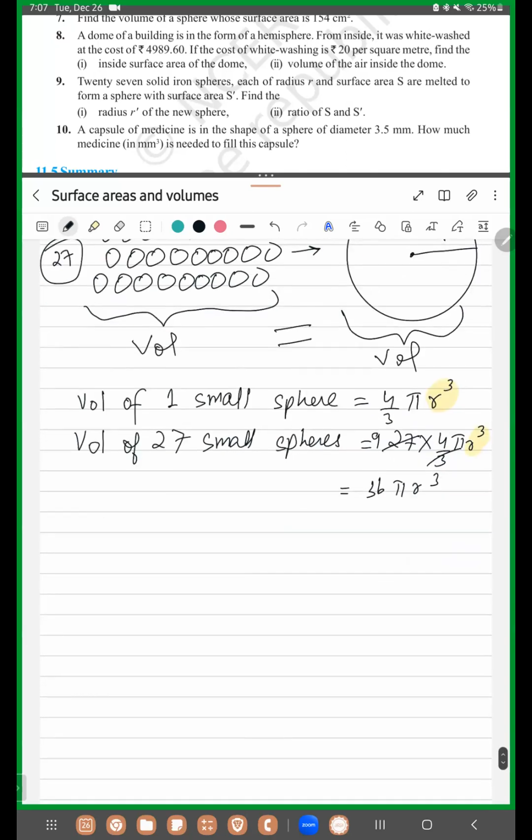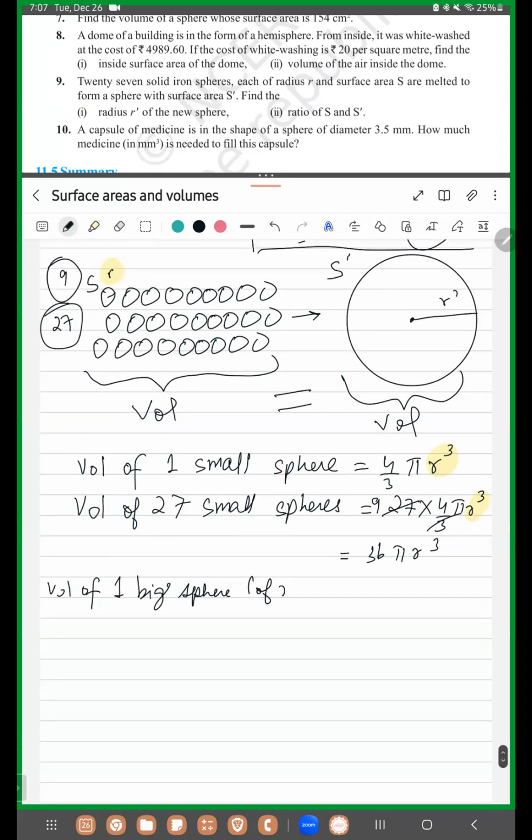Now, the volume of one big sphere of radius r dash is going to be equal to the volume of 27 small spheres.